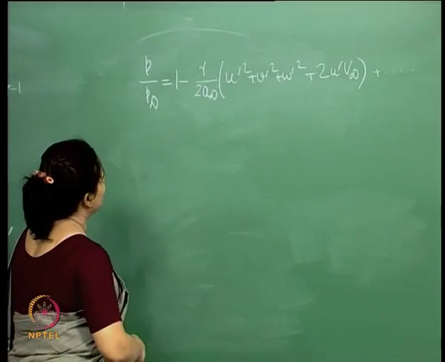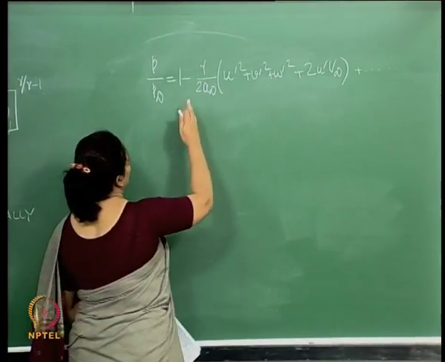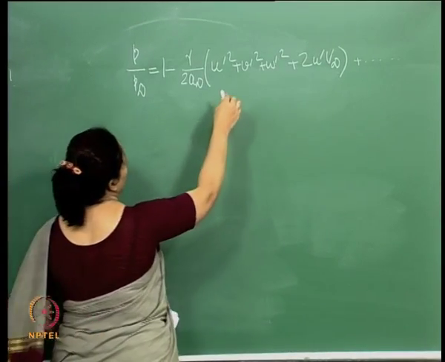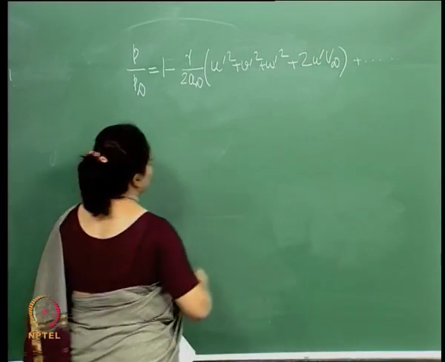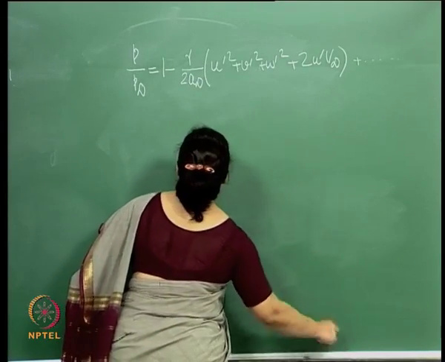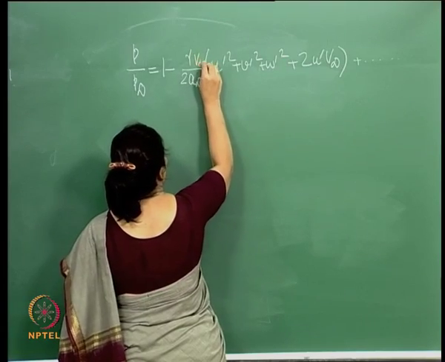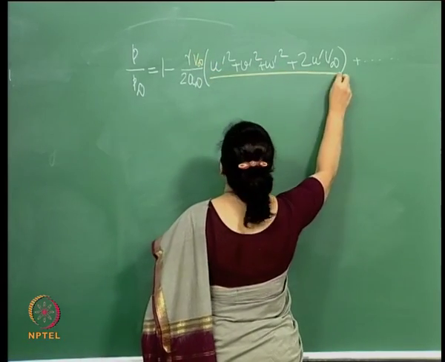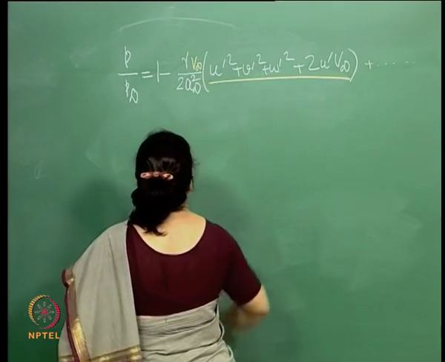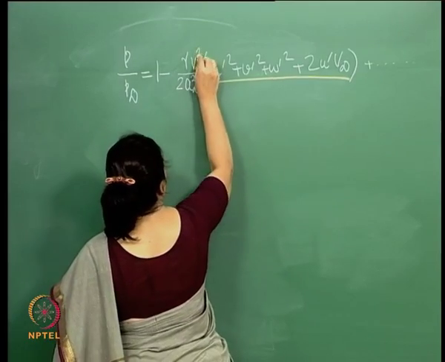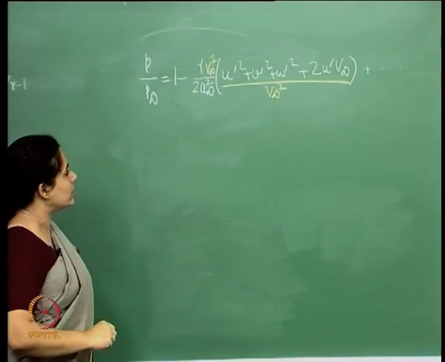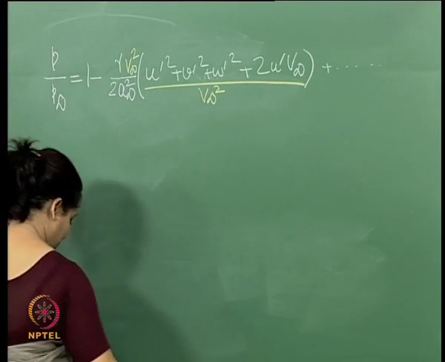Okay, now we will do a very simple thing. We will multiply this by v infinity. Okay, so if I do that, what I will do is multiply this whole thing by, sorry, this was infinity square. So we will multiply this by v infinity square and v infinity square, right? Now if I do that, then what do I get?